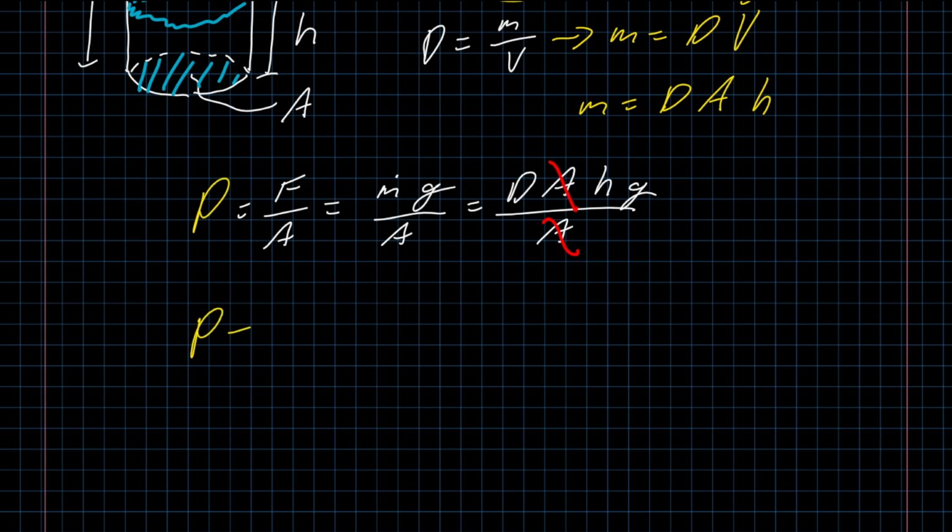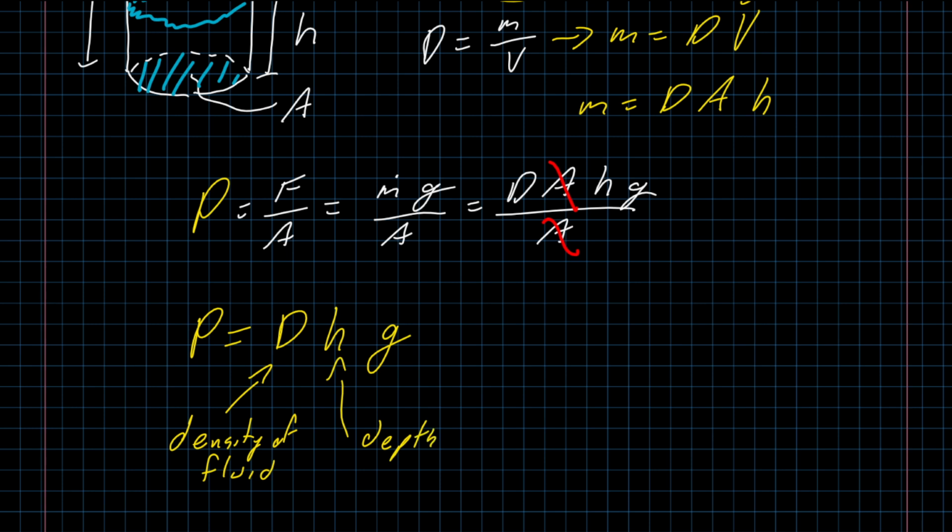The hydrostatic pressure acting on an object is equal to D times H times G, where D is the density of the fluid, H is the depth of fluid, or the depth of the object in the fluid, and G is our gravitational constant, as long as we are on the surface of the Earth, 9.8 meters per square second.